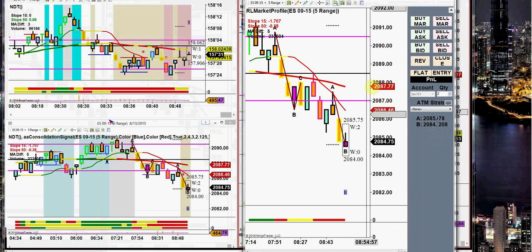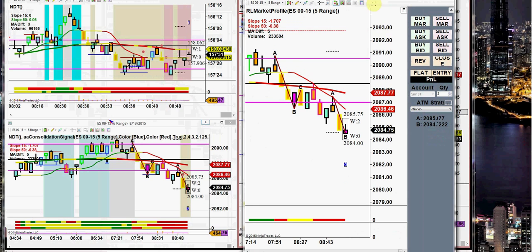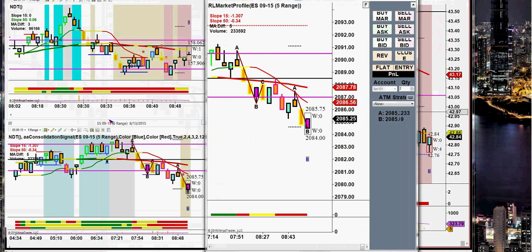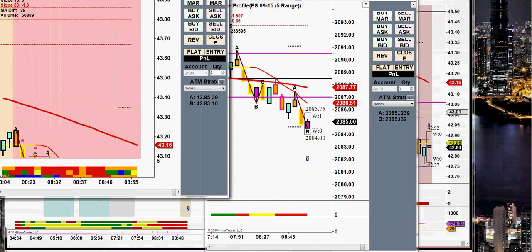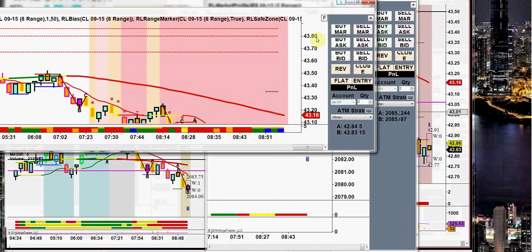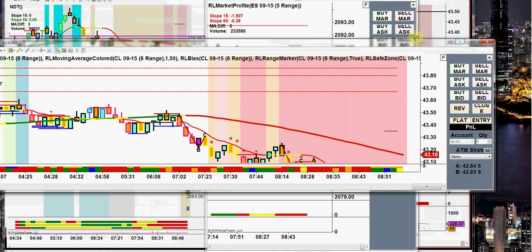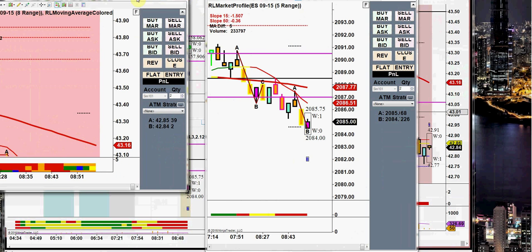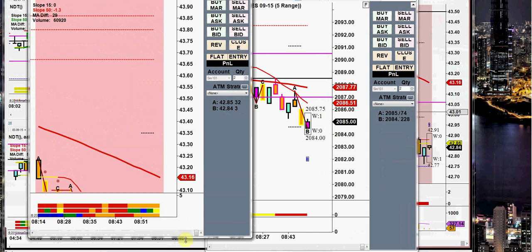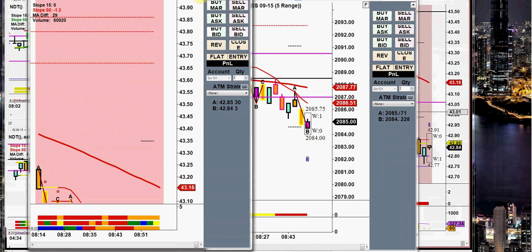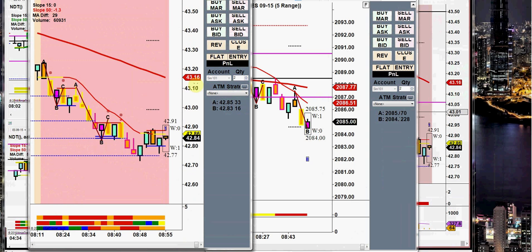And we should also have the CL. That didn't work out right. Let's try this again. Alright, there we go. Make this a little bit longer, and clean that up some. There it is.